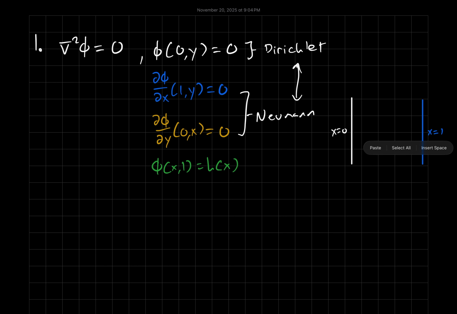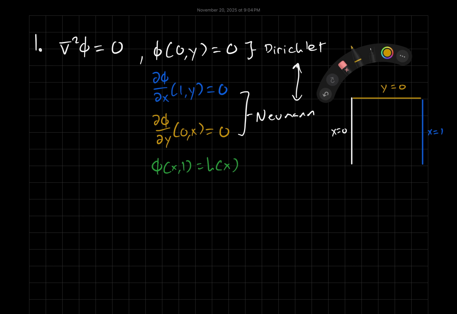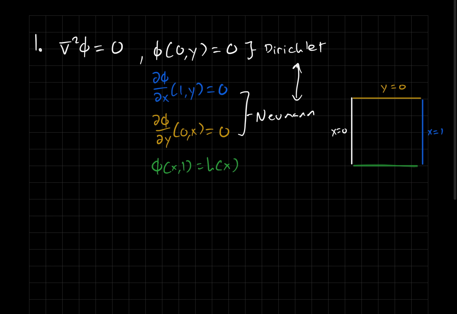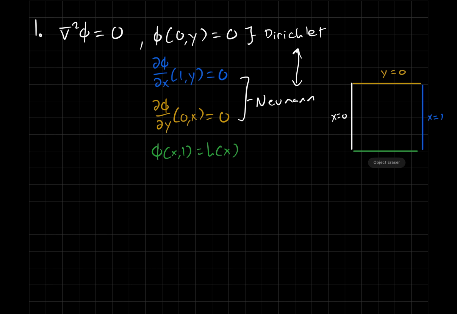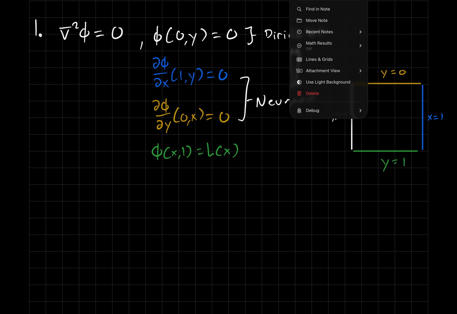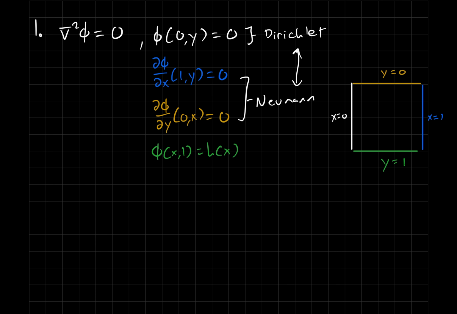The yellow will be y equals 0. And the green will be y equal 1. You might be asking why y equal 1 is at the bottom. This is because I use too much Python, and plt.imshow, which is a visualization algorithm, will plot in this format, which I personally don't like but have gotten too used to.